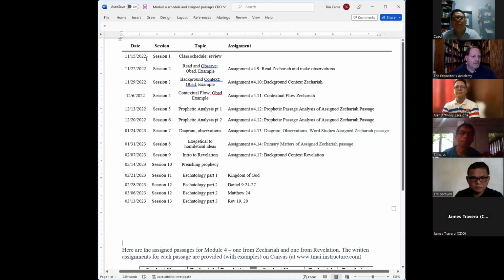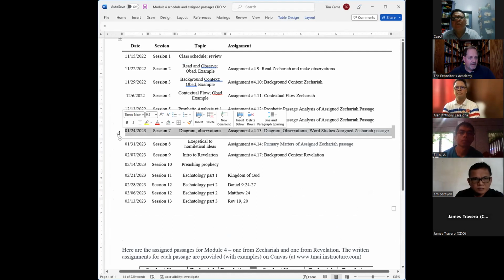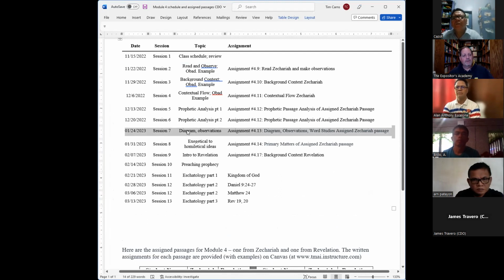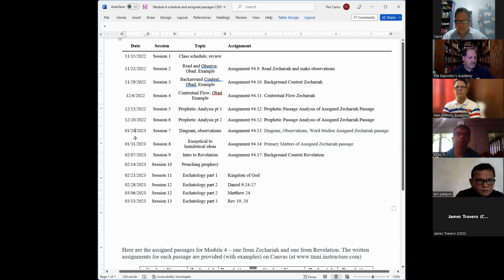This is session 7 today, and we'll be talking about the diagramming and hopefully the observations a little bit. But that's for our class today. Oh, this should be the 31st. Today's the 31st. I've got to change these dates.